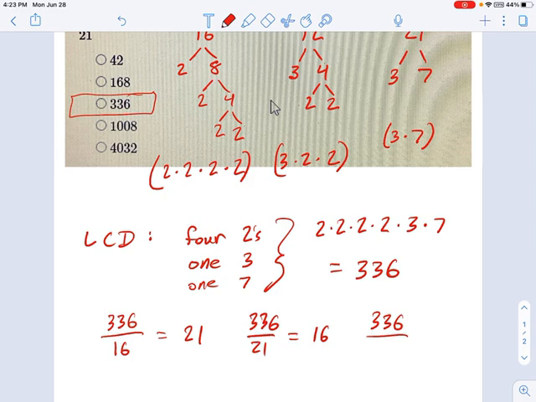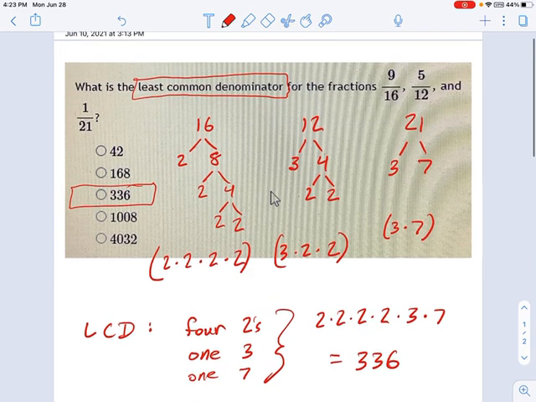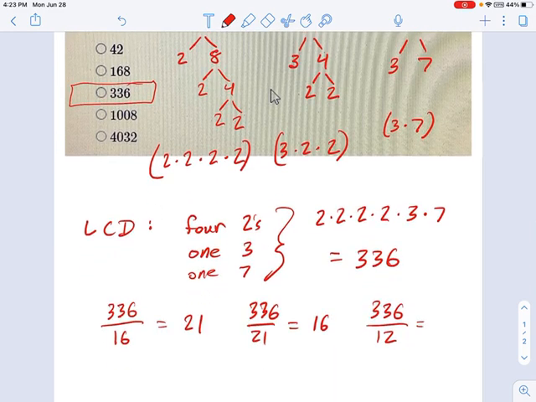And 336 divided by, was it 12? Yeah, 12. That was another one of my denominators. I sure hope this is also a whole number. Yep, 28. So because there's no remainders in those divisions, I know that this is a least common denominator, and it also has at least as many factors as all the individual denominators did, right?